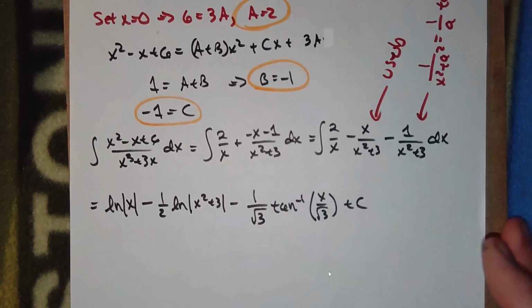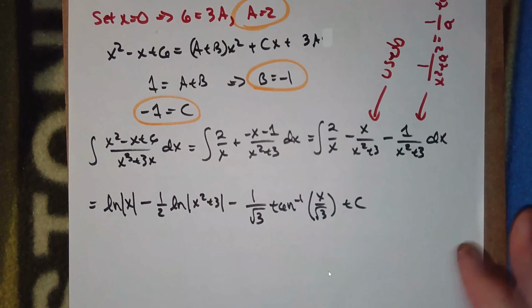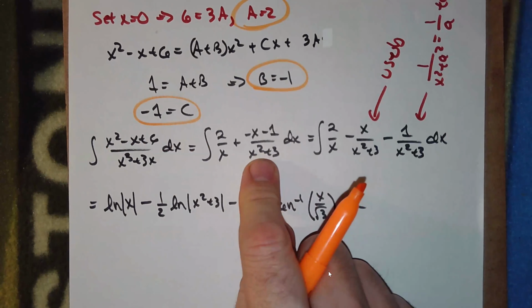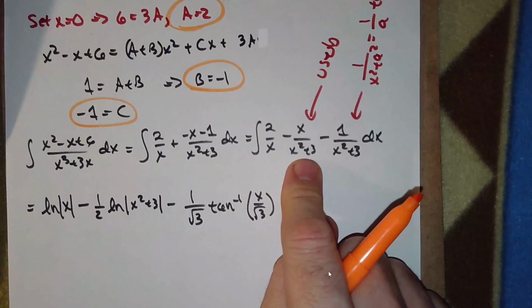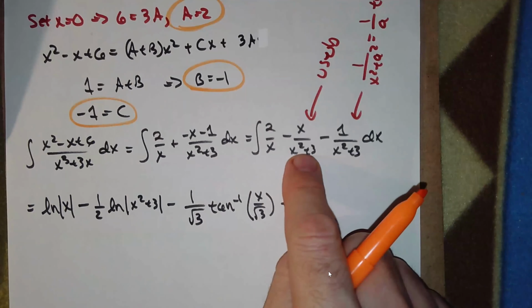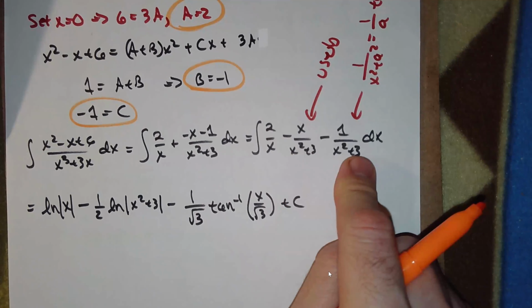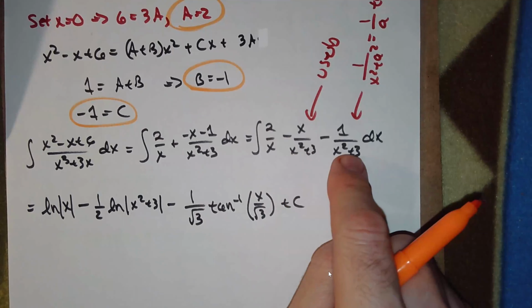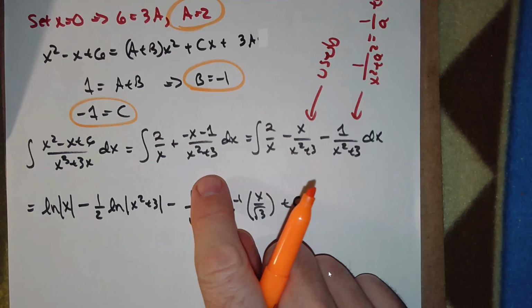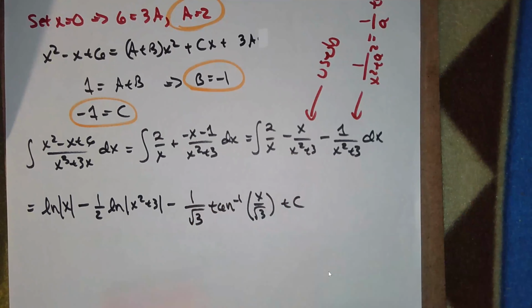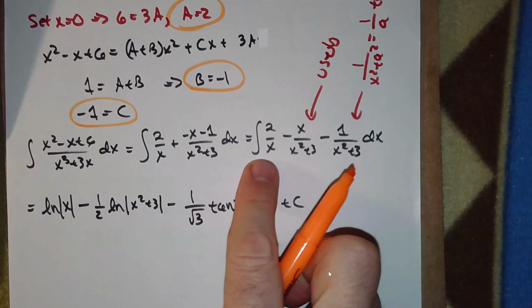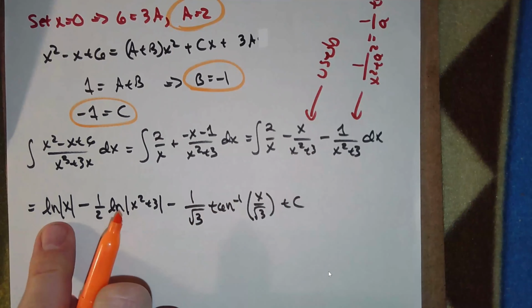And kind of like what we did with the last one, I'm going to split this term up. The first one, when you split it up, you can use a u and a du to finish integrating this one. Over here, that's going to integrate as the arctan. So I probably should have led with this one as opposed to the last one. Sorry, not perfect. But once we integrate here, you get the natural log.